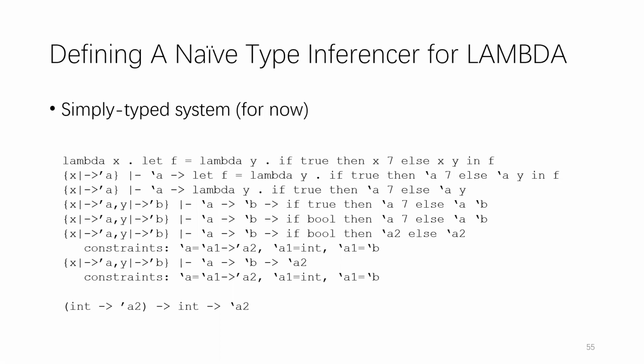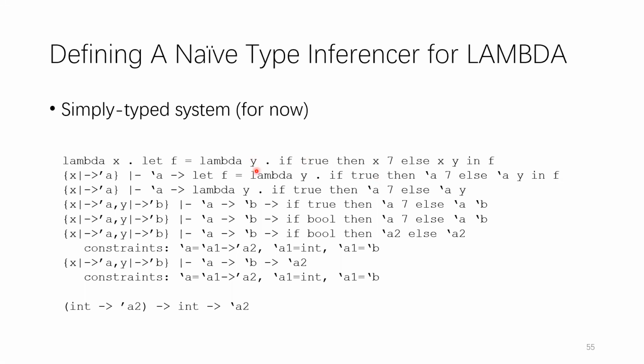So by traversing the program, we can collect these typing constraints. And if there is a common solution to all the constraints, then we say the program is well typed. And if the constraints are inconsistent, then the program is not well typed. So type inference is essentially constraint solving, or more precisely, type equality constraint solving.